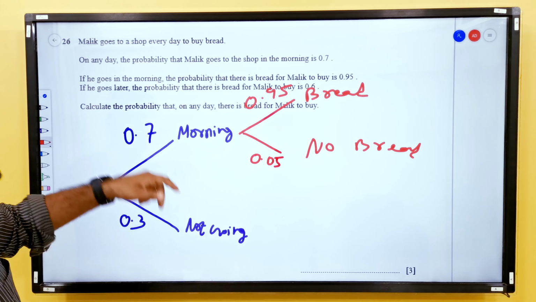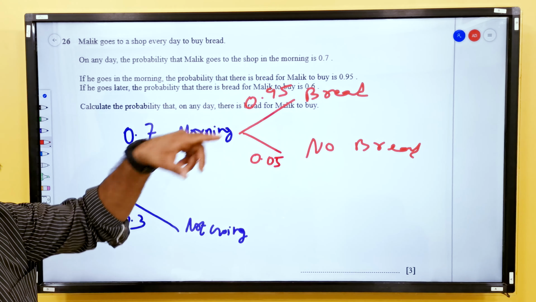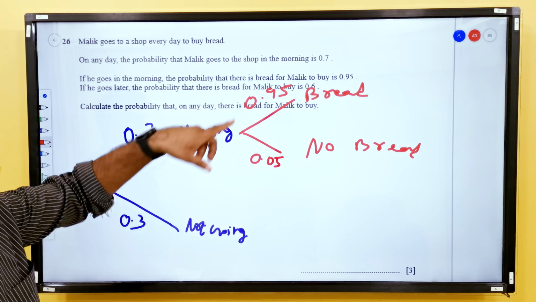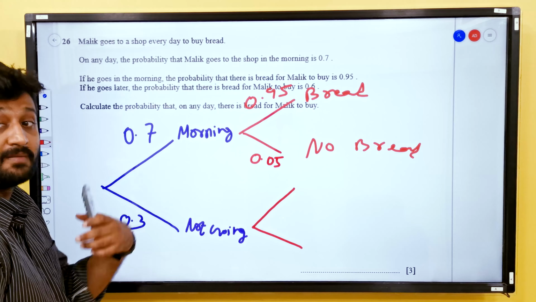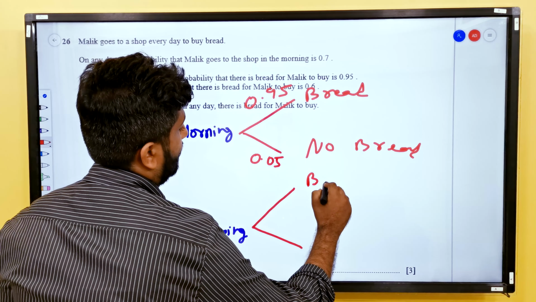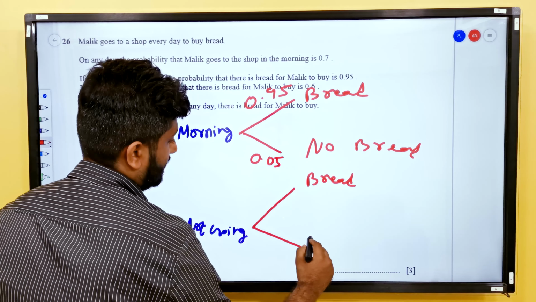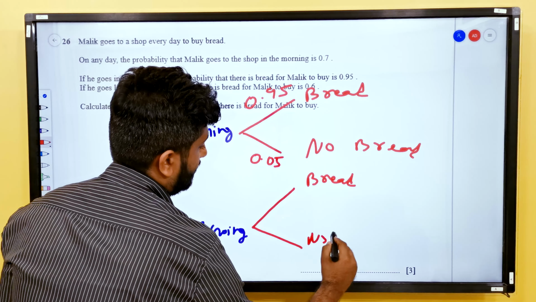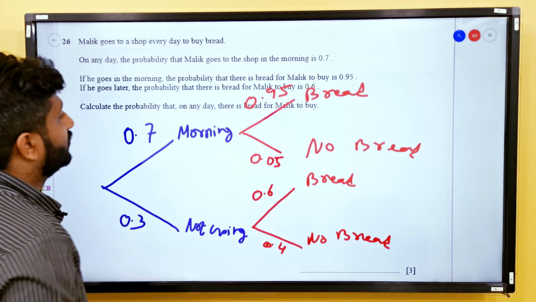If he goes later, the probability that there is bread for Malik is 0.6. So bread is 0.6 and no bread is 0.4.